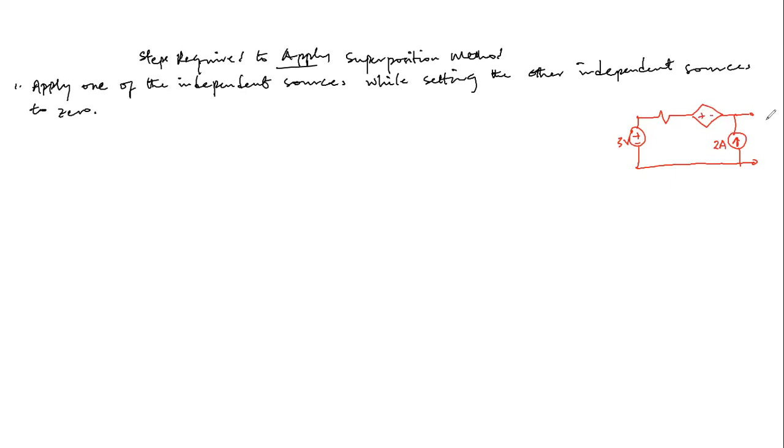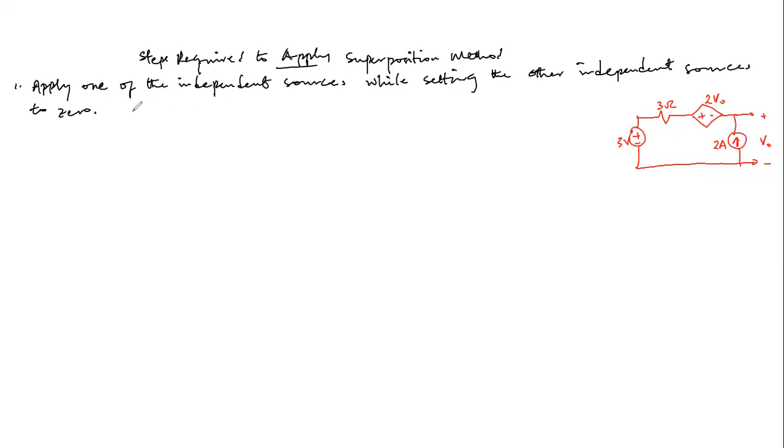Across this terminal, we have V0, then here 2 V0, a dependent voltage source, and then here we have 2. We are expected to measure V0, the voltage across these terminals. Now since we have multiple independent sources, each source has to act alone. So should we adopt the 3 volts voltage source, then we'll have to deactivate the current source.